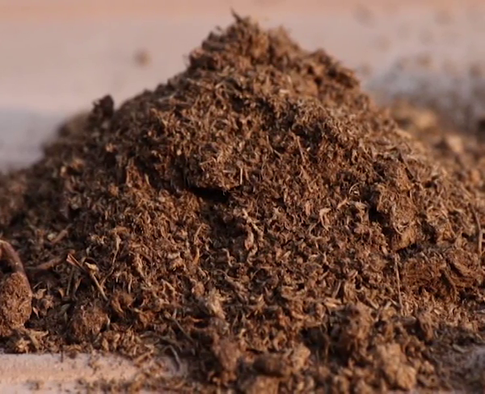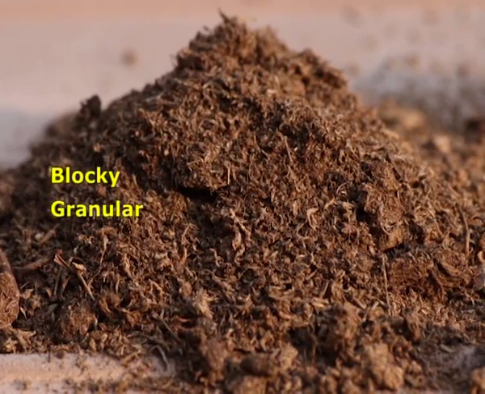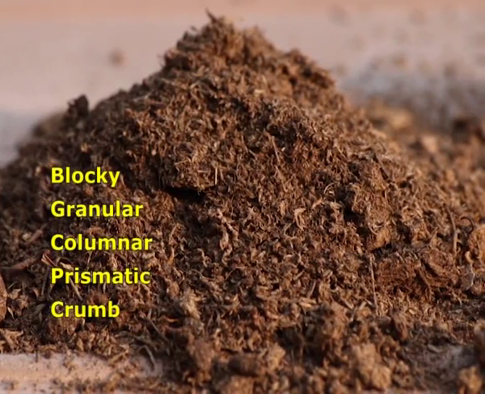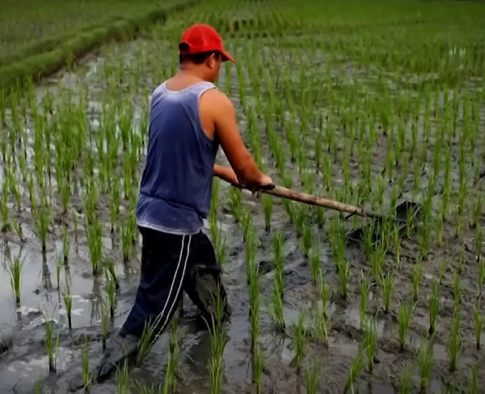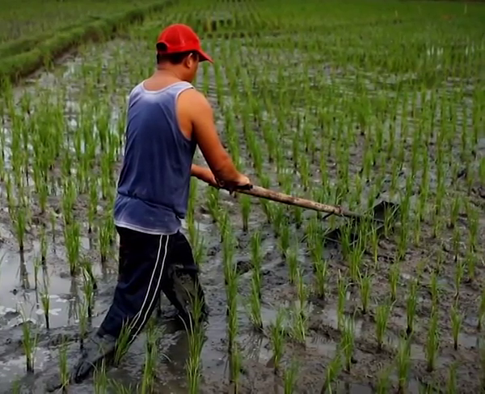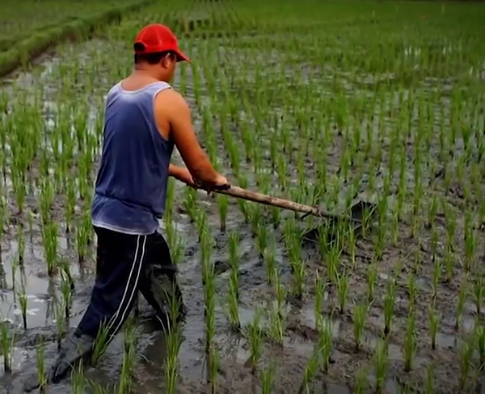Major types of structure are blocky, granular, columnar, prismatic, crumb, and platy. Soil structure influences the absorption of water by the soil, its erodibility, and plowing.